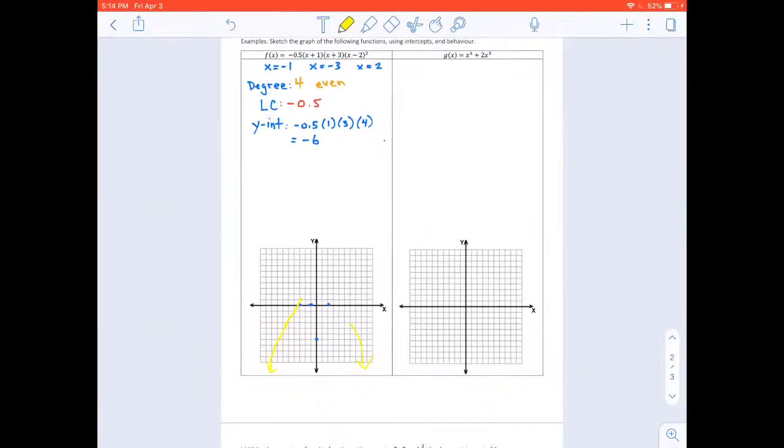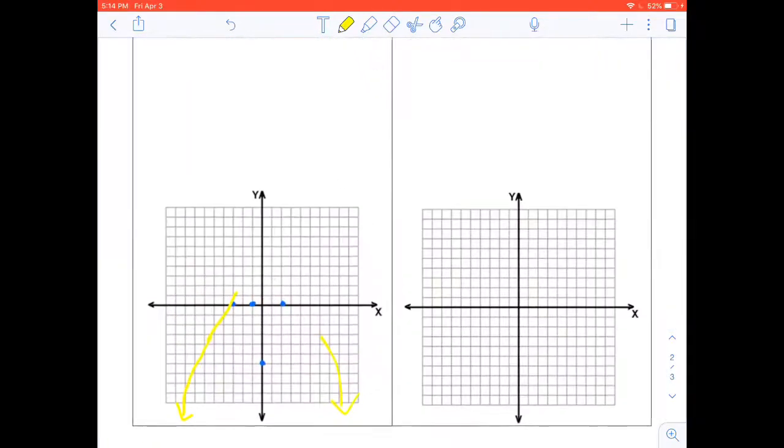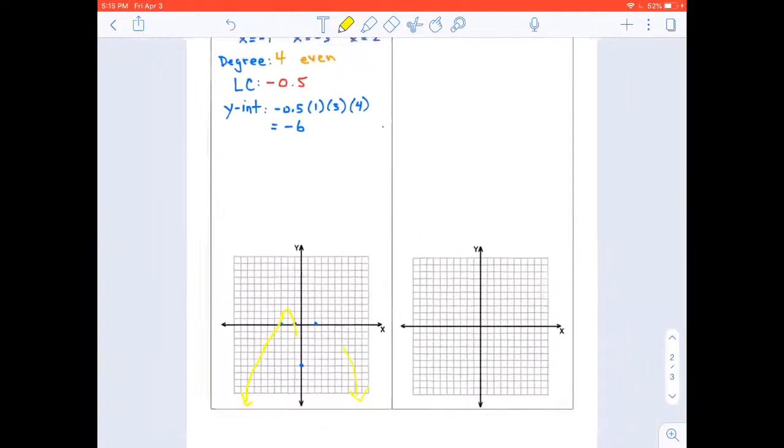The next intercept that we have was the one that was created from negative 1. And that one also has a degree of 1. So I know that my graph's going to have to pass through that x-intercept. Now for the maximum, local minimum for now, we're just going to do a turn. We'll be calculating that a little bit later on.